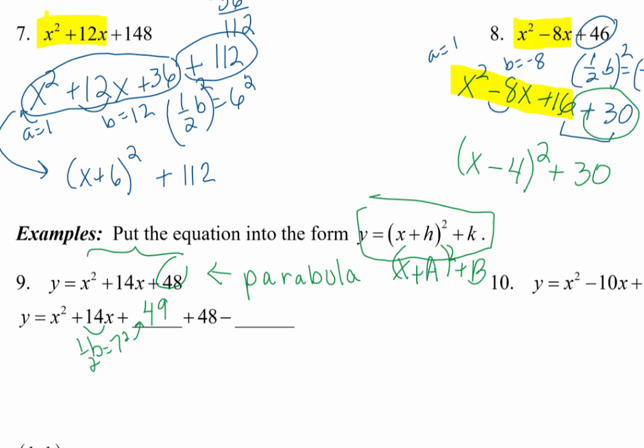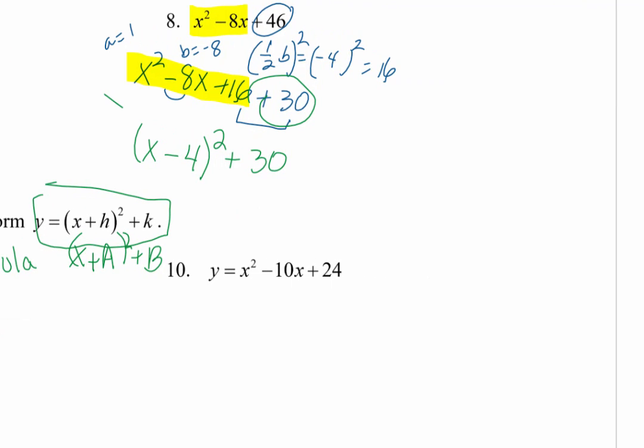The original constant was 48 and this one's 49, right? So what does that mean? That means when I subtract 48 minus 49, then I'm going to get a negative. That can happen. This is a negative. And then over here, just go ahead and factor that. Awesome.